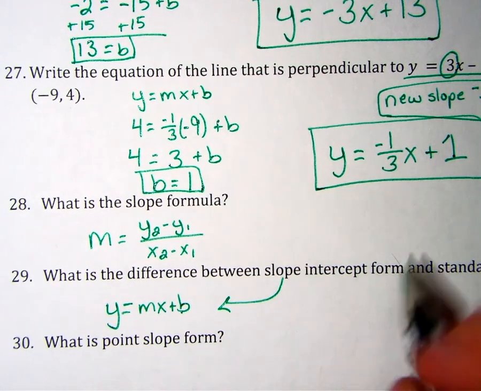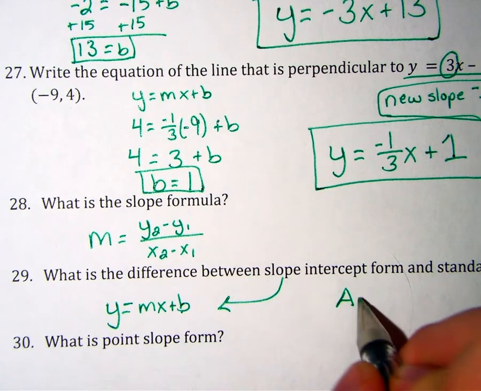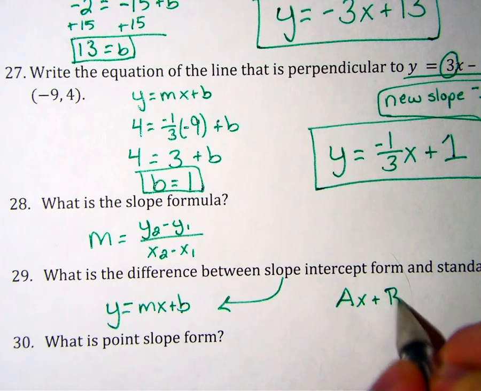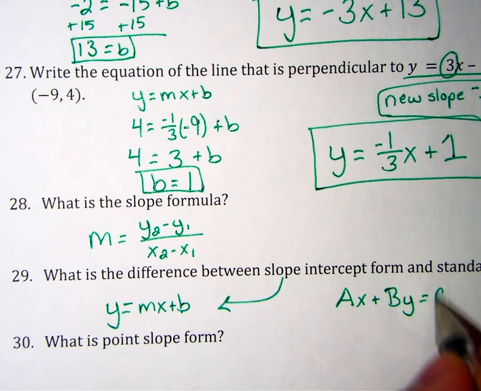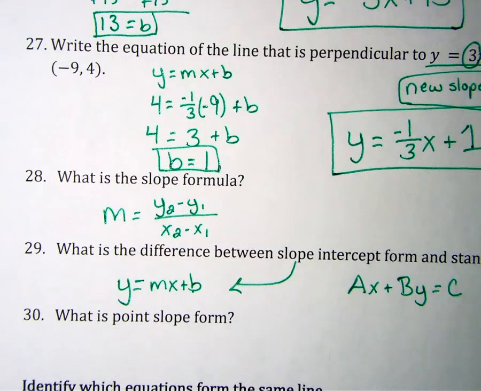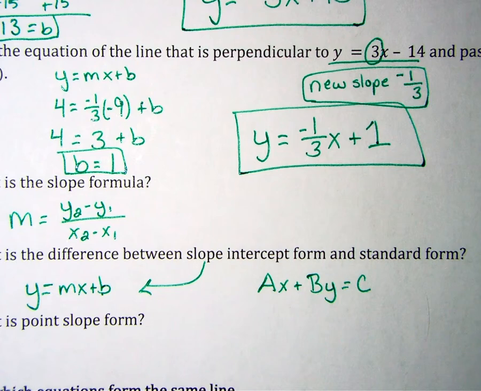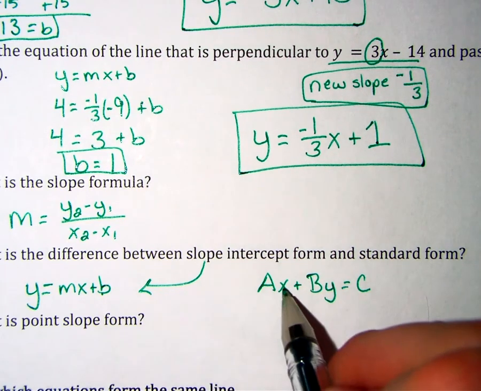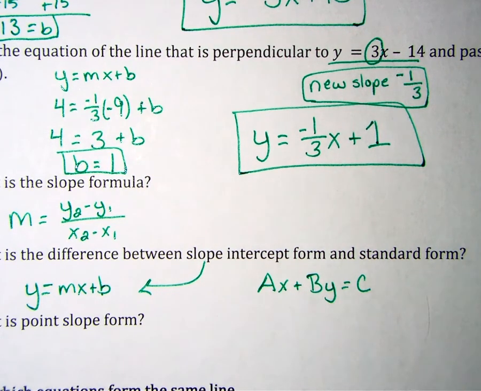Standard form is ax plus by equals c, where a represents any coefficient, b represents any coefficient, and c represents any constant.